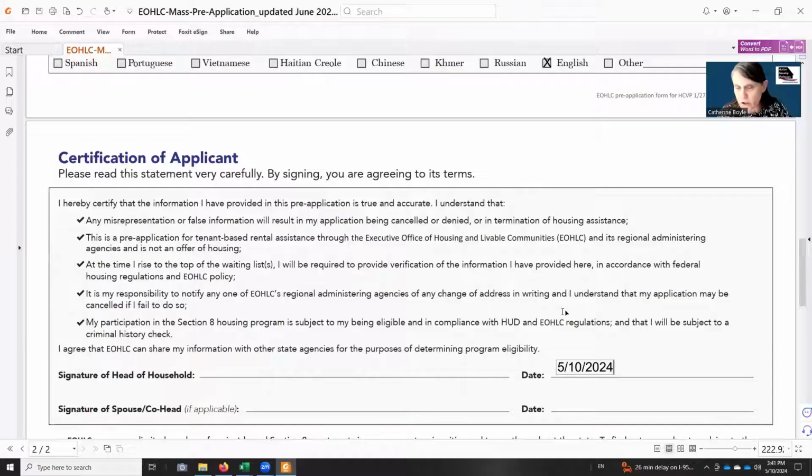And what we want to do with this is we want to have Anita sign it if she can. If she can't, Rafael is going to sign it, and he is going to write underneath that he is Anita's guardian, and he will attach a copy of the guardianship letter. And that signature would go right there.